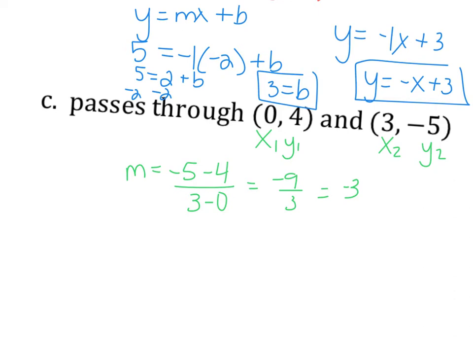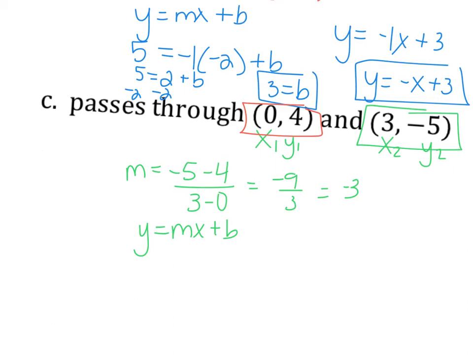Okay, so then I'm going to choose one of those points. I'm going to use this one, but I want you to notice something about this point right here. Notice that 0 in the x spot. Remember, y-intercepts always have a 0 in the x spot, so just keep that in mind. So I'm going to plug everything into y equals mx plus b.